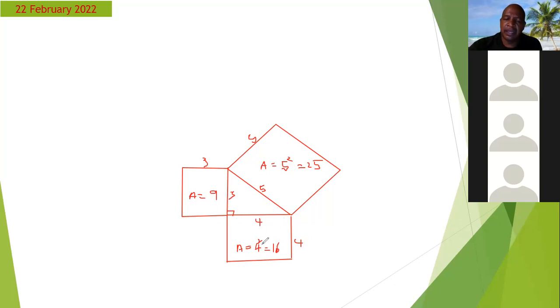You square this, you get 4 fours, which gives you 16 square units, and 3 threes for this one gives you 9 square units. So the relationship now is in the form of the equation. You realize that when you add the 16 and the 9, it gives you the same thing as the square of the hypotenuse.